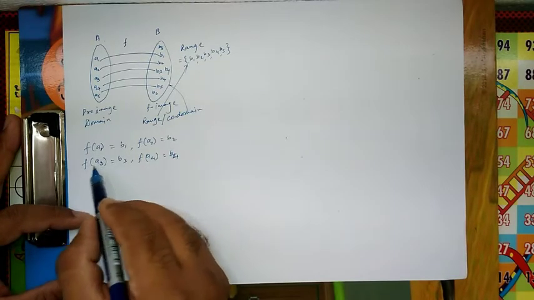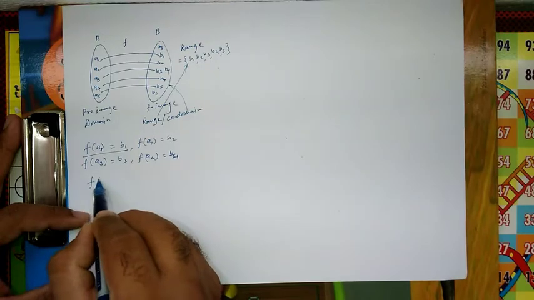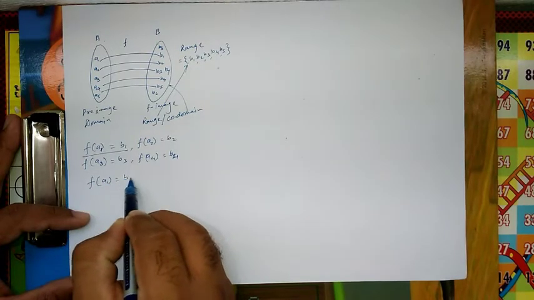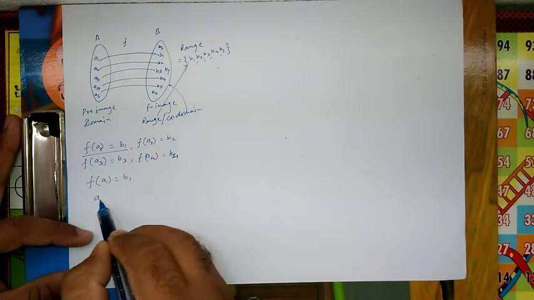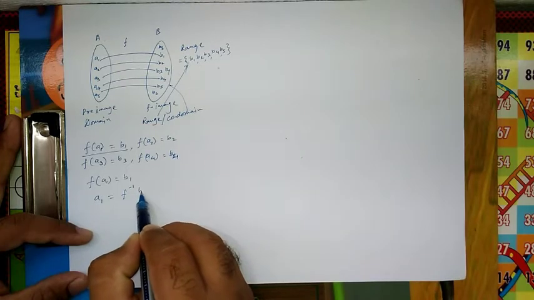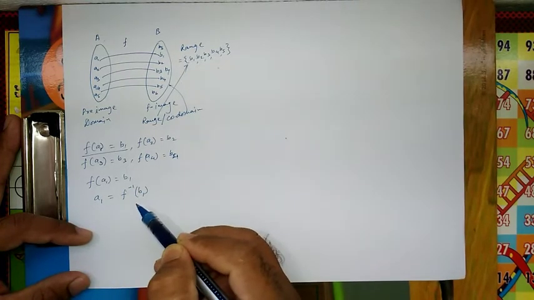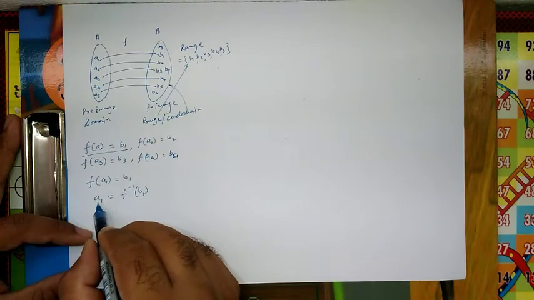If I consider the first one only, what I'm getting is f of A1 equal to B1. If we take inverse on both sides, definitely it will be inverse B1. Likewise, I'll get the rest.